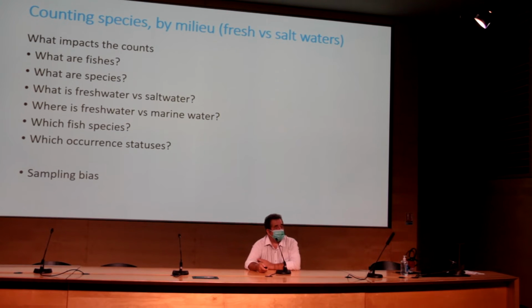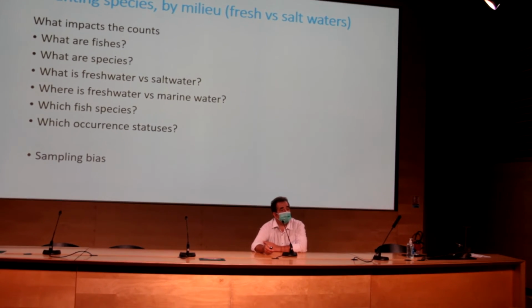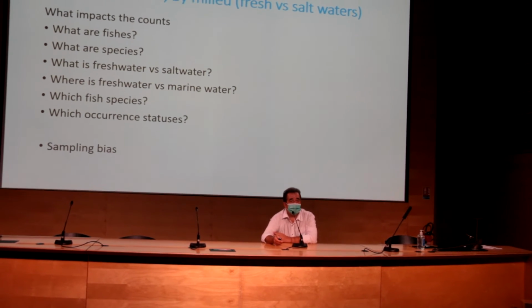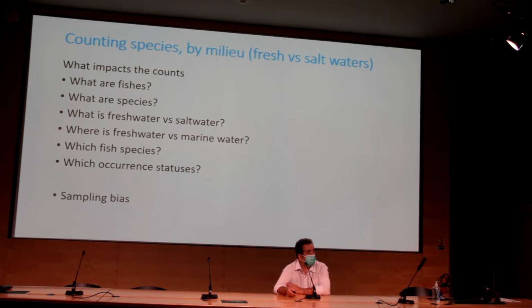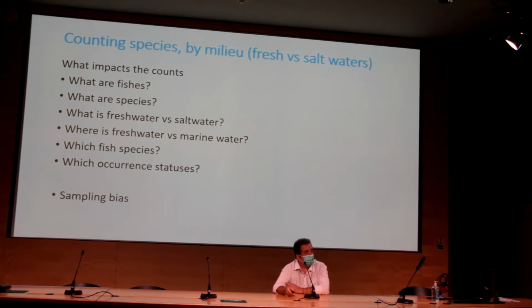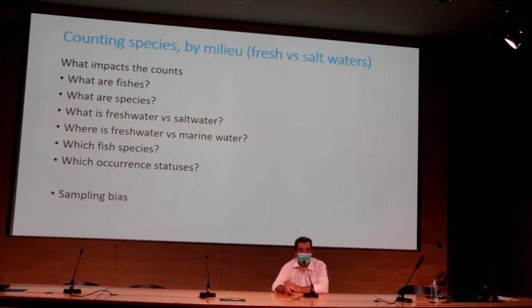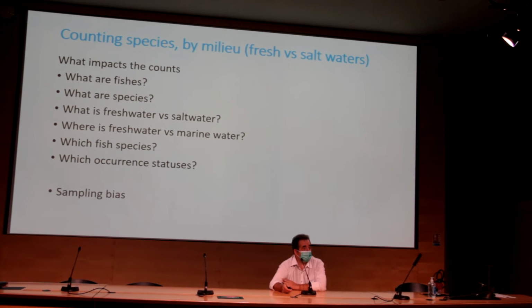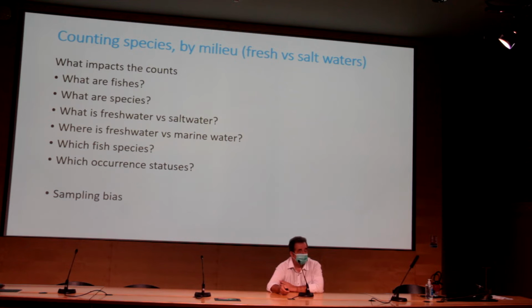I also mentioned sampling bias, because if you derive numbers from collection data or occurrence data like GBIF, OBIS, and so on, always remember that these data sets are highly biased in terms of sampling, and you have to apply some corrections and some statistics to give meaningful numbers.